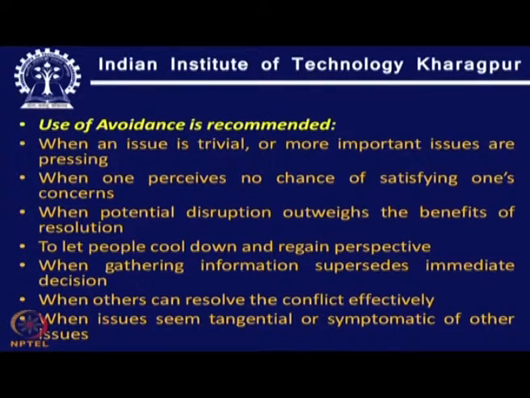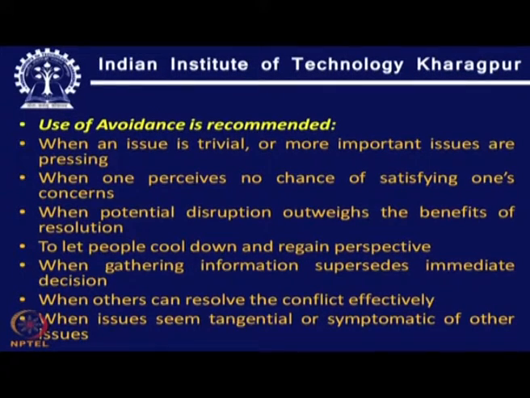Avoidance is also used where some decisions need to be taken based on information collected at different points of time, so we cannot arrive at an immediate decision or solution. And when we find that the presence of others can resolve the conflict effectively, and when issues are symptomatic of other issues.